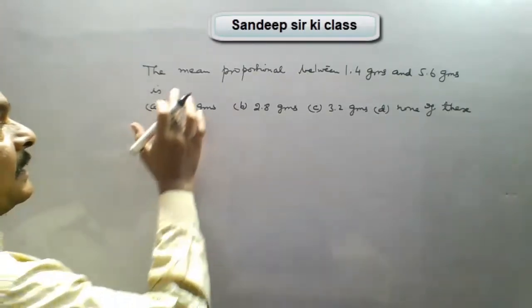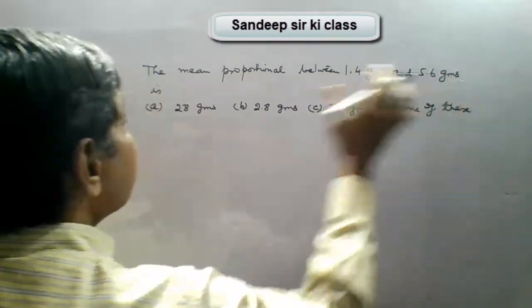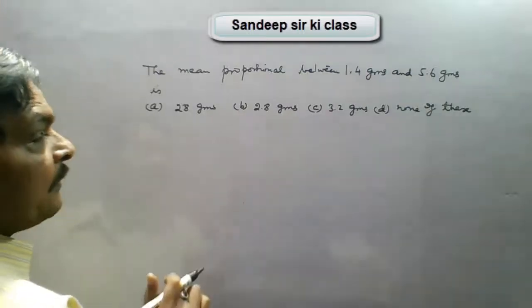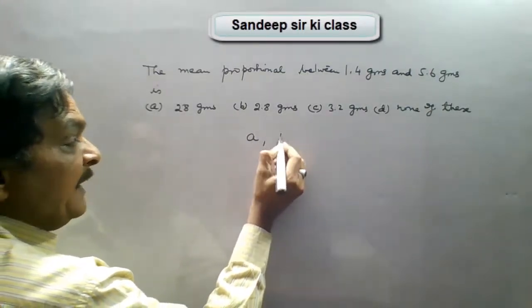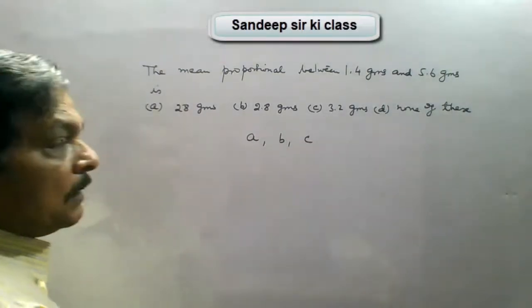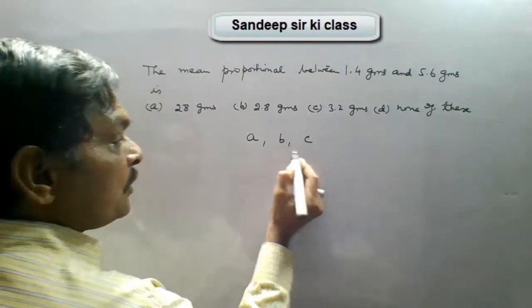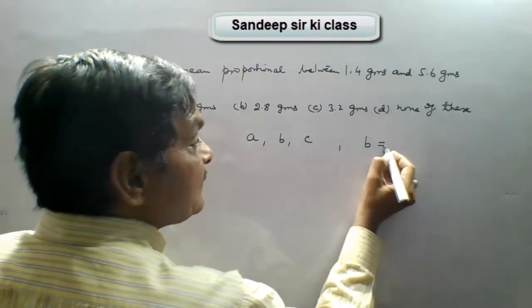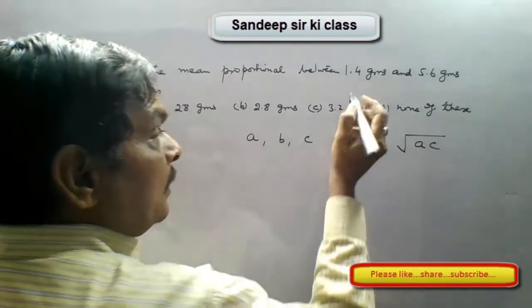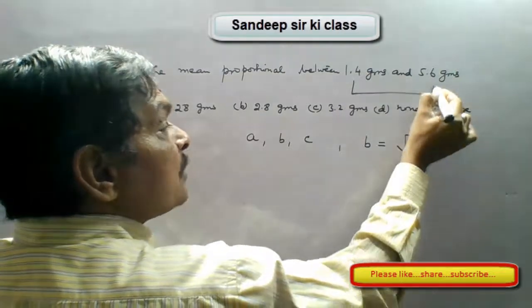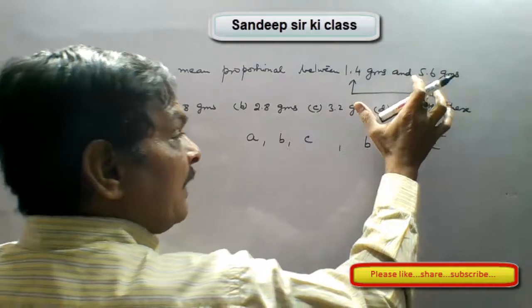Now we will see the next problem. Next question is the mean proportional between 1.4 grams and 5.6 grams is, and these are the options given to us. Now we have studied that if A, B, C are the quantities which are in proportion, then B is called mean proportional and B is given as under root AC. Now A and C values are given to us in this question as 1.4 grams and 5.6 grams.